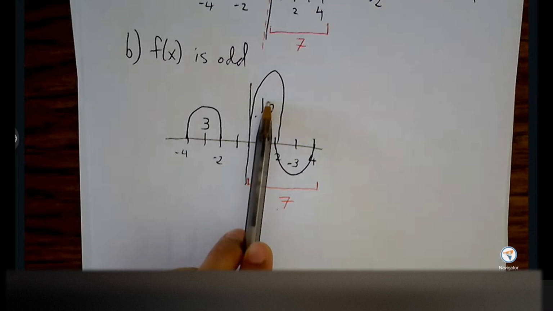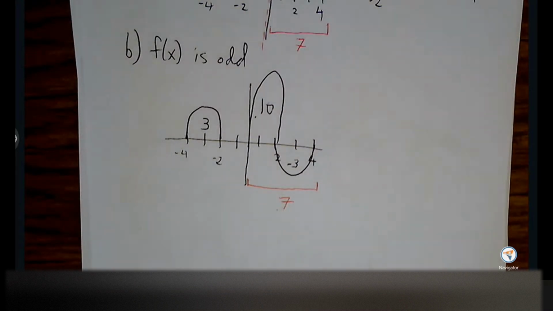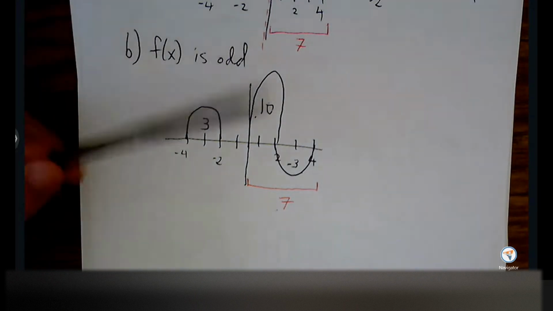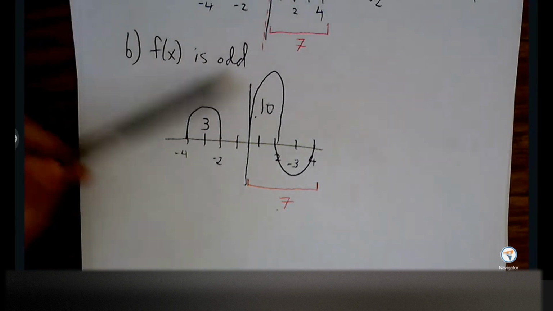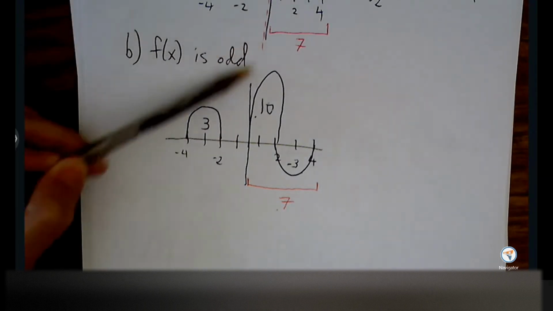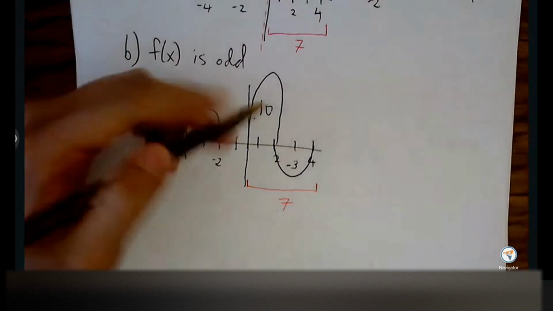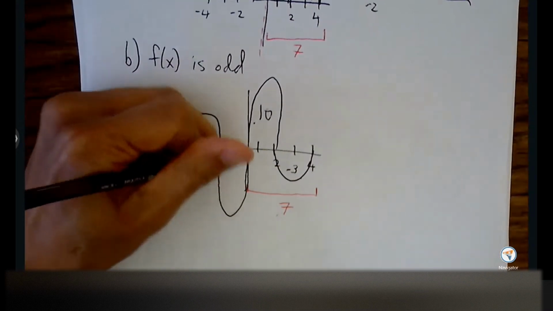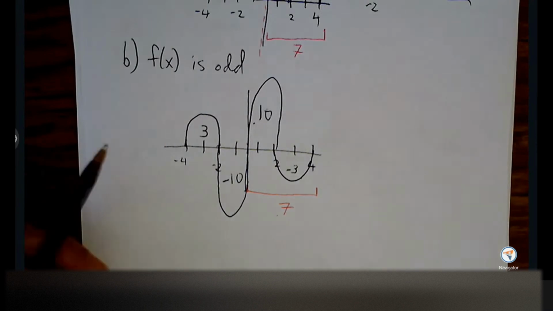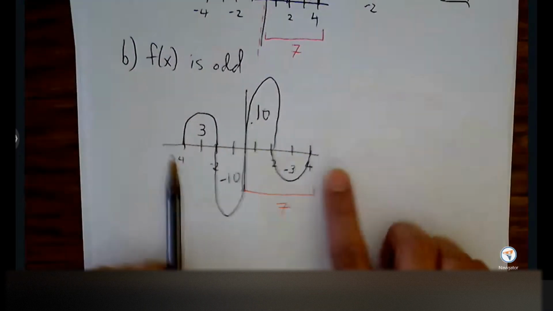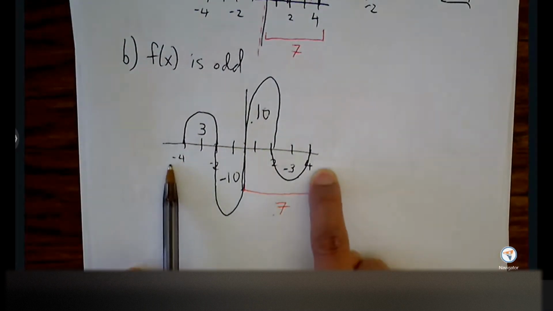If this is 10, can we fill in another gap? On the other side, would it be negative 10? Negative 10, right? So we're going to have odd properties all over the place. If I have a true odd function, I should be able to total all the values.